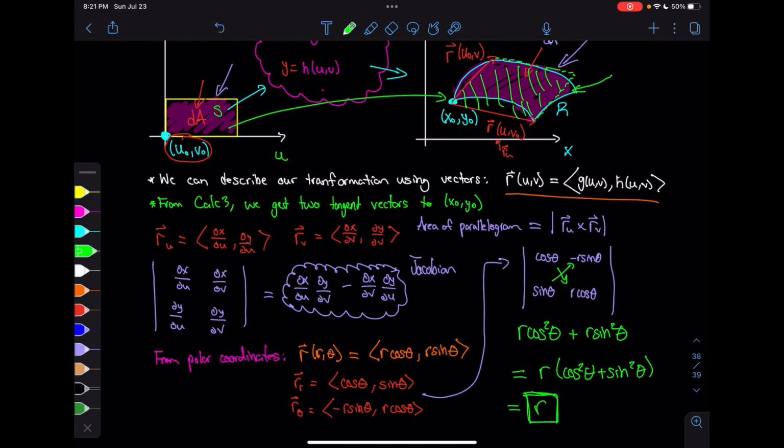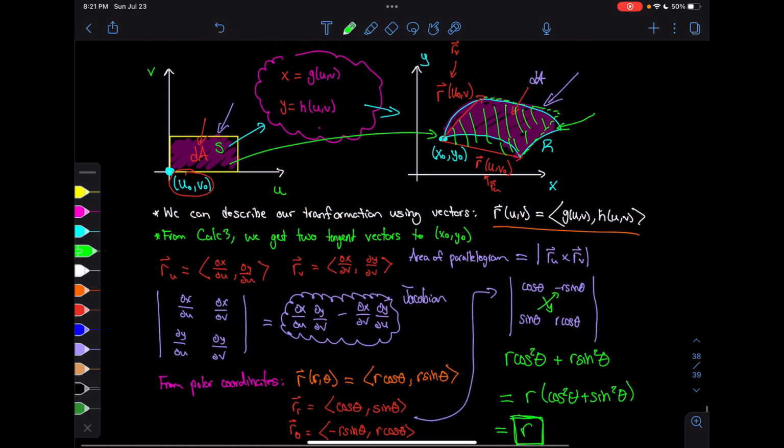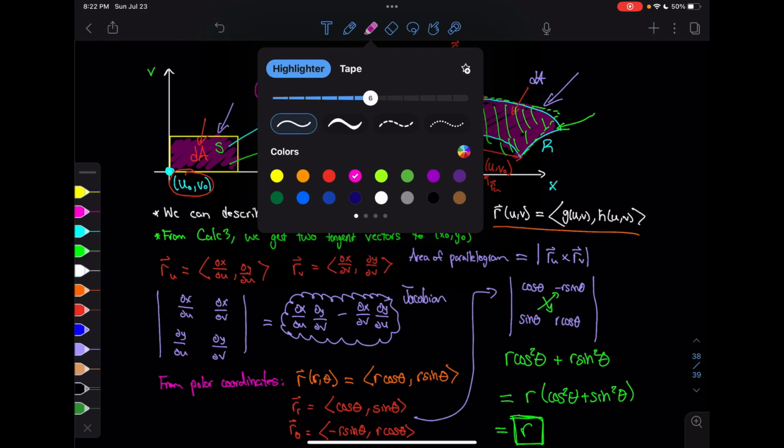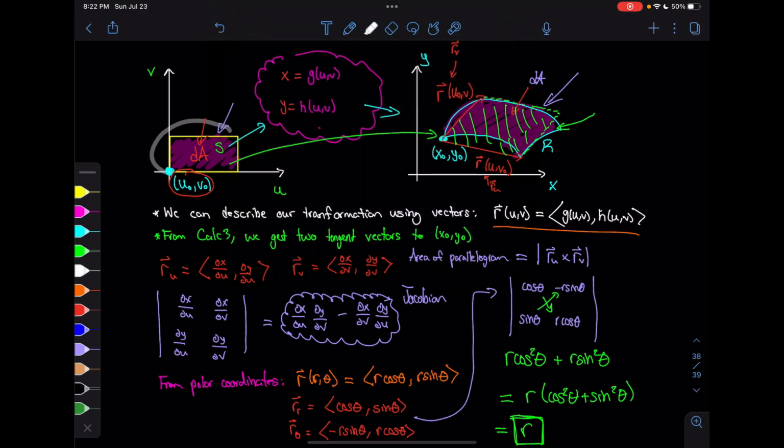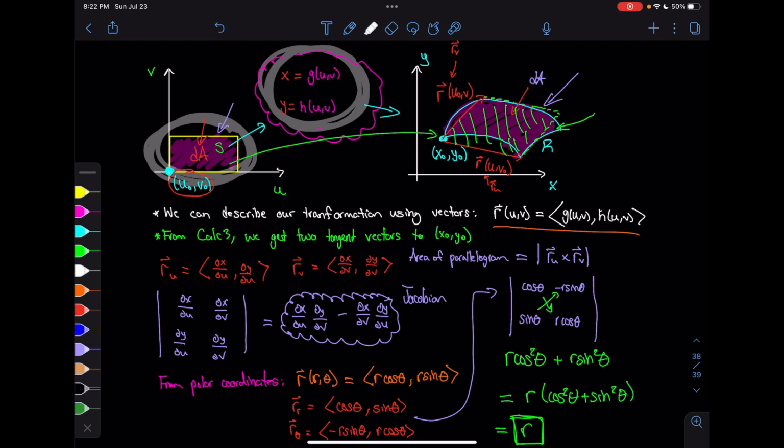But I think this is enough for us to start wrapping our heads around what we are going to be doing in this section. We are going to be given a rectangular, or maybe not so rectangular, as we'll see, nice simple region of integration in u and v, and we're going to be given a transformation of x and y.